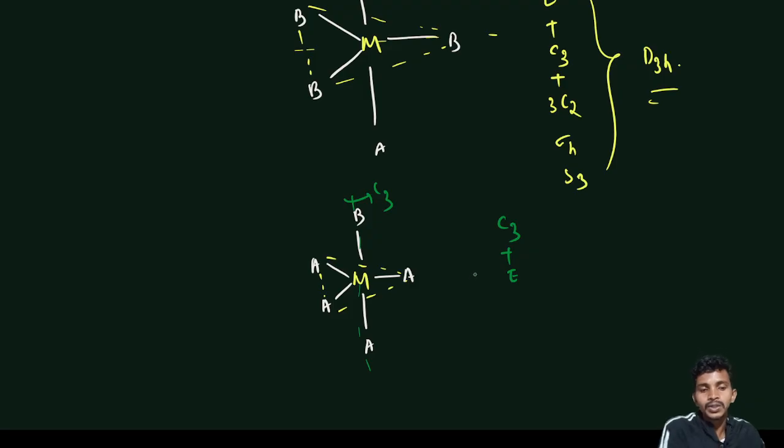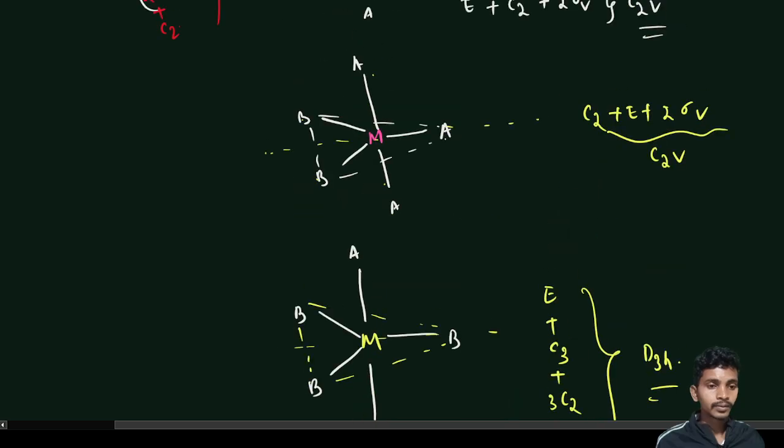If you pass any plane through this, then this will get replaced, but this and this will not be replaced. So sigma is absent here. The molecular plane also passes through 3 atoms, but not with the others. So sigma is not there. So the point group is C3.